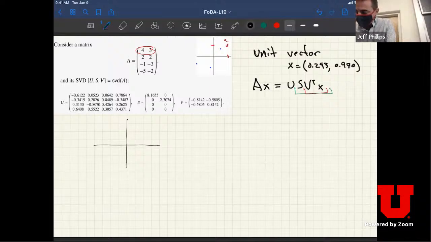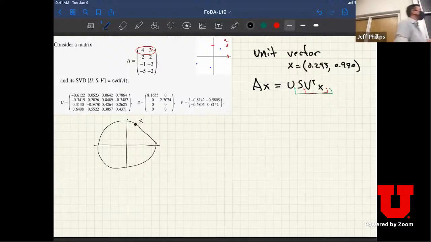So we'll start with a unit circle, approximately, and X is about here. It should be on the unit circle, at about 2.4 and about 0.9. So it's about in the right spot.